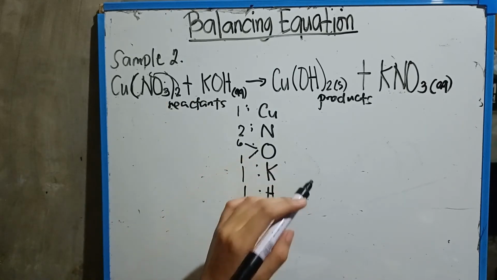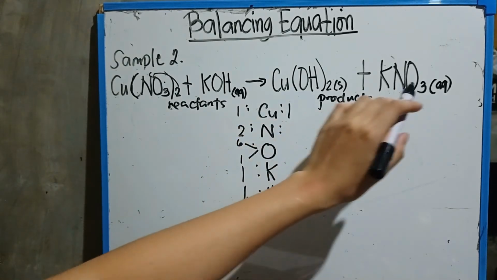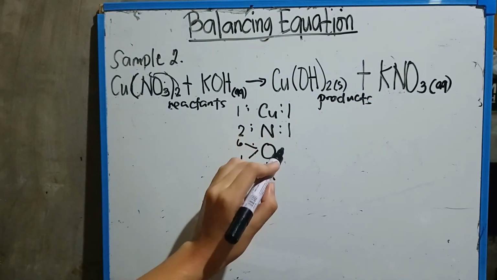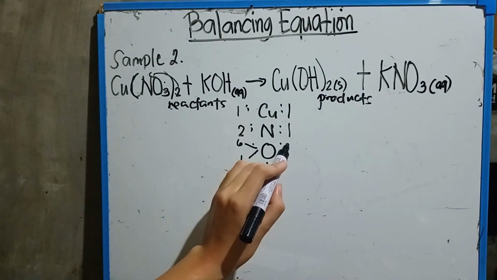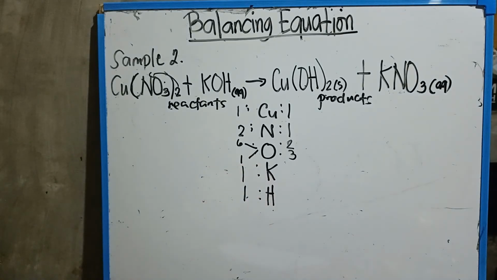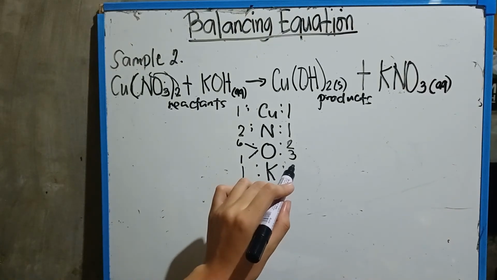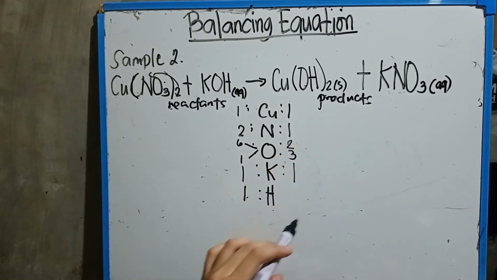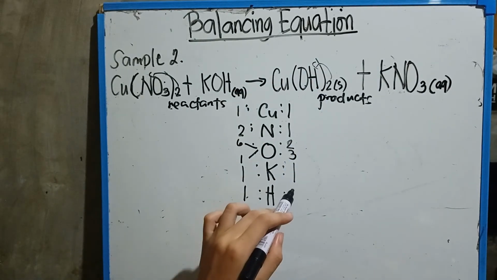And sa kabila naman, our copper, we have also 1. Nitrogen, we have 1. Oxygen, we have 2, and we have 3. So separate nato para pag mag-add tayo og coefficient, dili maglisod. Potassium is also 1. And our hydrogen is 2.